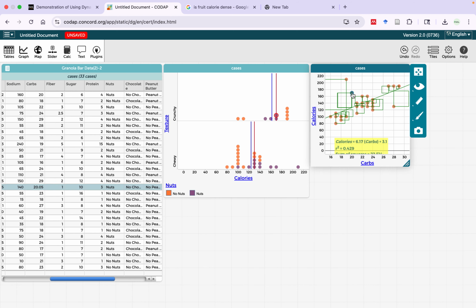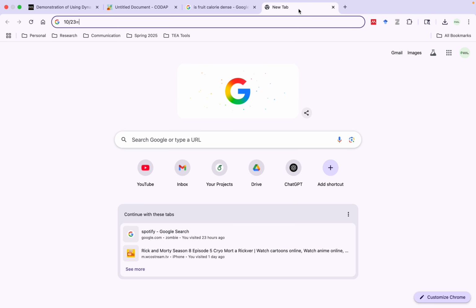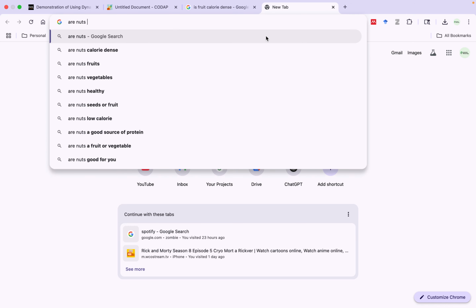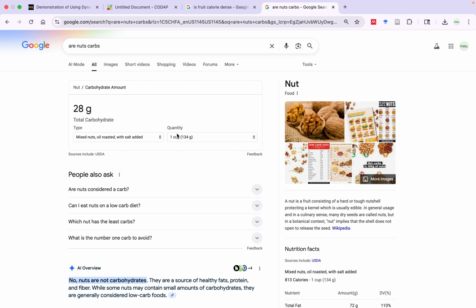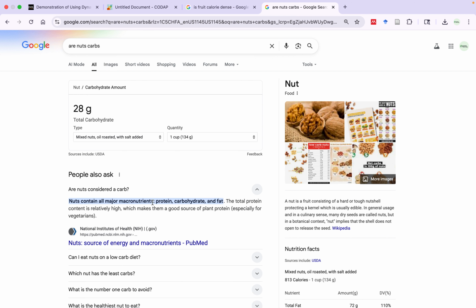What about this one? This one probably also has nuts. It does. Now I feel dumb. Nuts aren't carbs, right? No, they're not. Okay, well, never mind, I take it back.